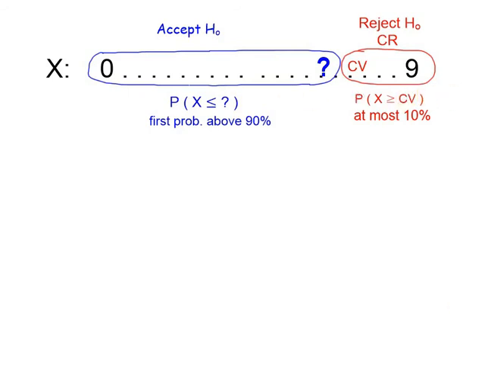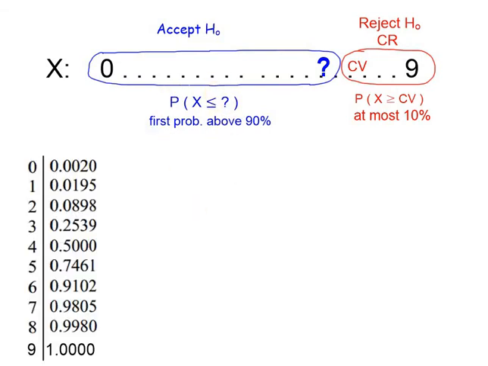So going to the tables and looking at this side for less than or equal to, which we can use with the probability tables, the first one above 90, it's this here. So that's the probability that we're interested in, and that corresponds to the first one above 90%. And 6 is the unknown value here.